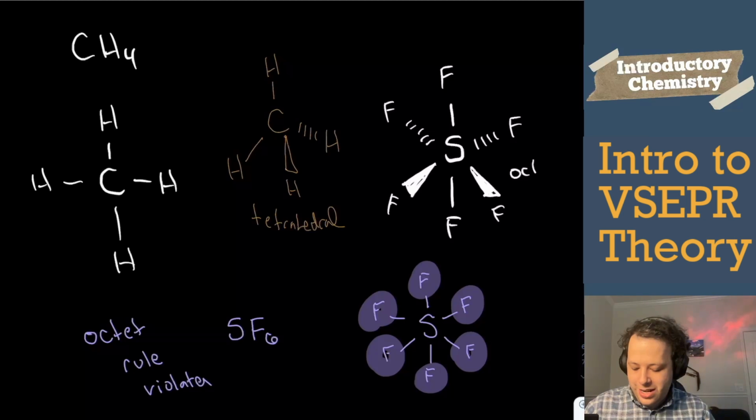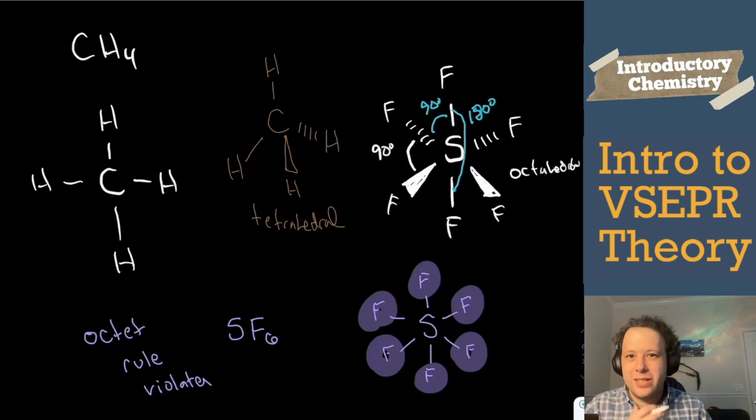So this is octahedral. How do these angles work? So with these, it's kind of interesting. So we have 90 degrees on the sides, and then down the middle, it's 180, or 90 degrees on all parts for the most part. So it's a pretty different geometry.